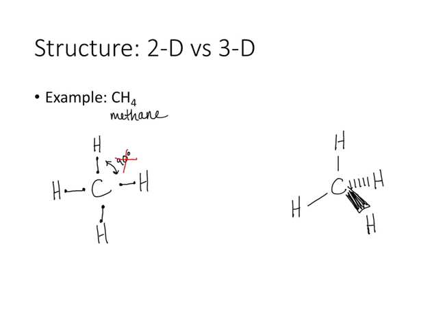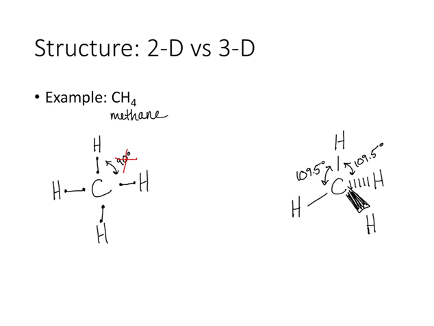I'm not the best drawer. Okay, so all of these hydrogens are actually equally spaced around the carbon. So they're all 109.5 degrees apart. So all of those bonds are going to be equidistant from each other.